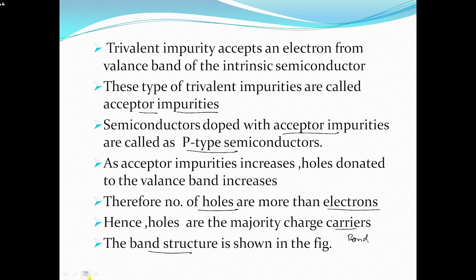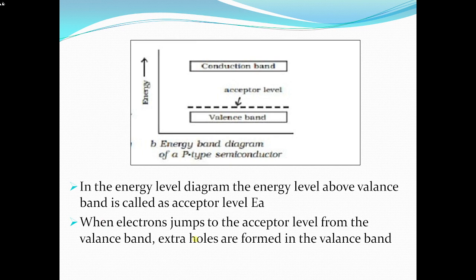Now if we go for band structure, it will have the valency band and conduction band. If I go for band structure, see here, this is the valency band at T equal to 0 Kelvin. The valency band is filled with electrons. Next, the acceptor level. This hole exists in the acceptor level.